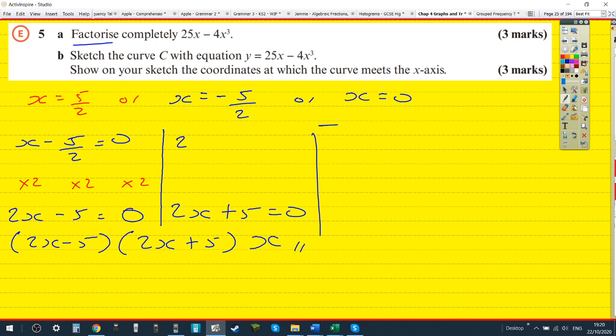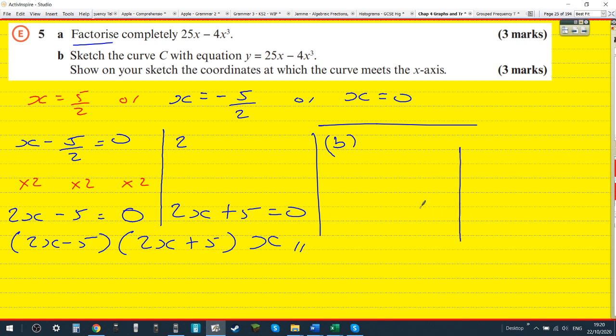Part B, hence sketch. So would y be 0? When y is 0, sure. That's the x-axis. So the first one would be 2.5, the second one would be minus 2.5, and the third one would just be 0.